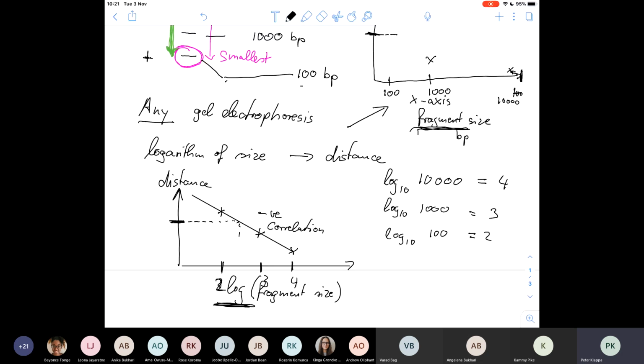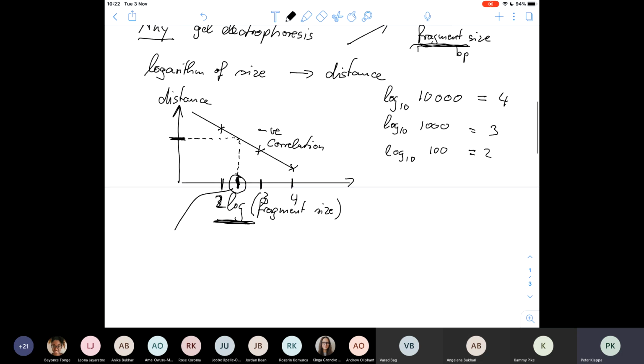I can immediately see this, and I can get Excel to do the line of best fit for this linear thing, the linear regression. I get my gradient, I get my intercept, and I can do the calculations. So I can immediately see how far this band has traveled and the base pairs. Actually, I can't do the base pairs because this gives me only the log of the fragment size.